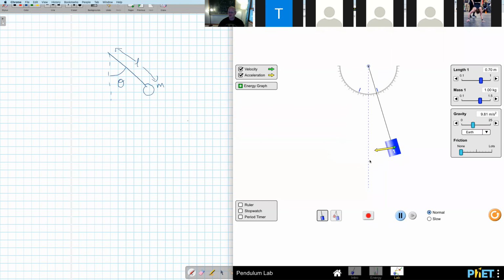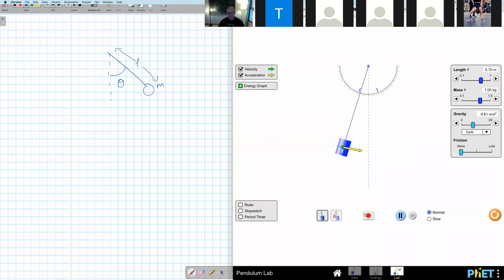That will absolutely be true. Whether I pull it so that it's only at, say, 6 degrees, versus if I pull it to, say, 20 degrees, the period at which it oscillates will be completely independent of the amplitude.